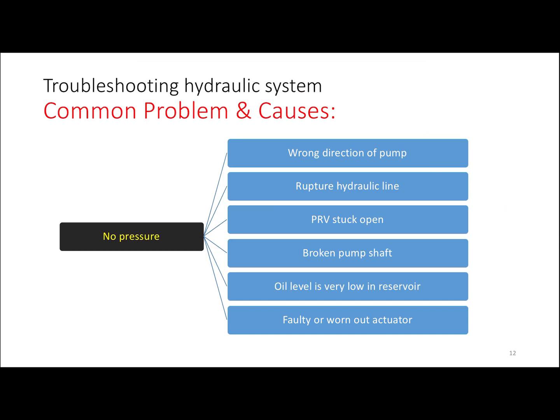And then the PRV broken, which makes the pressure relief valve stuck open, cannot return to its original position. Another one is a broken pump valve, or else the oil level is very low in the reservoir, so there is no oil circulating inside the hydraulic line. And the last, because of a faulty or worn out actuator.